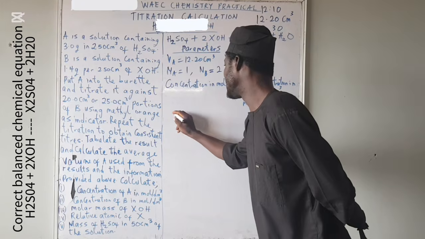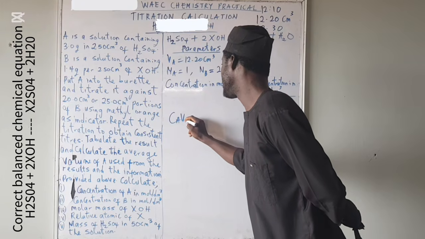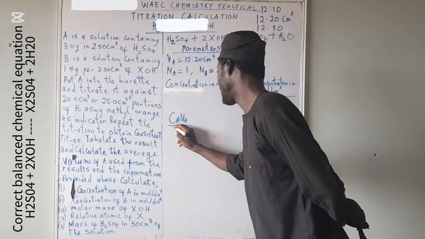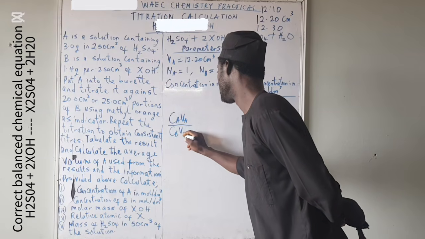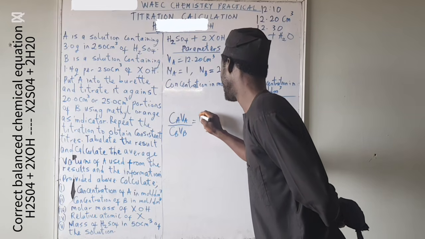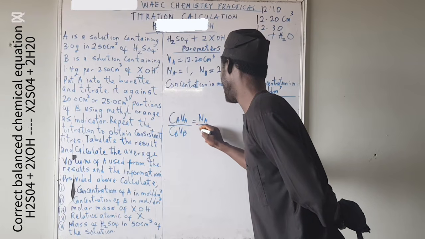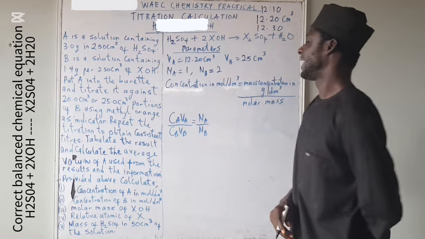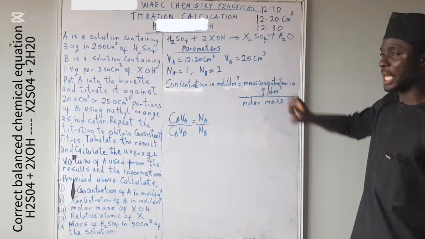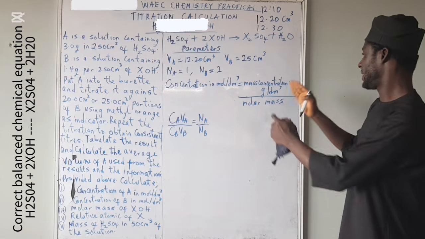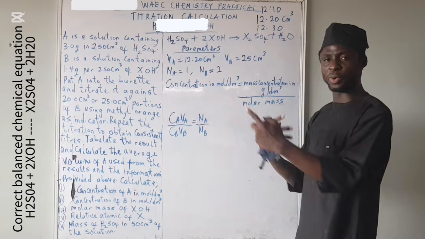Now, another formula is CA/BA over CB/BB is equal to NA over NB. Now, the first formula that we have is a formula that we can use interchangeably.